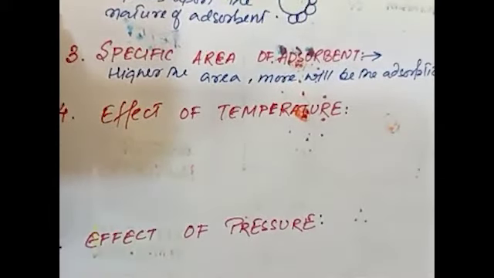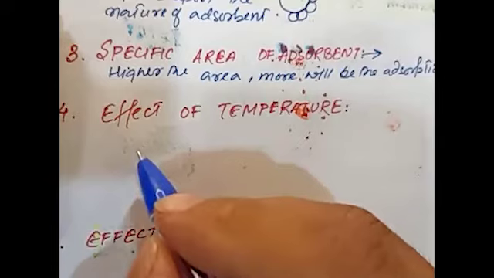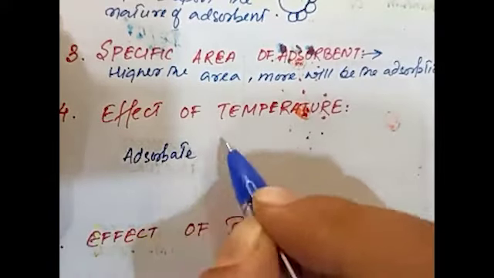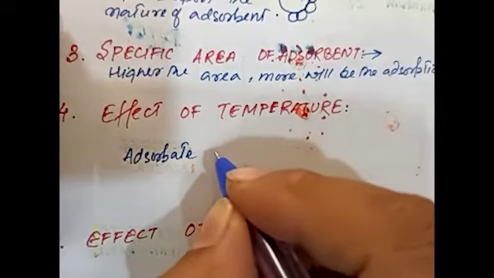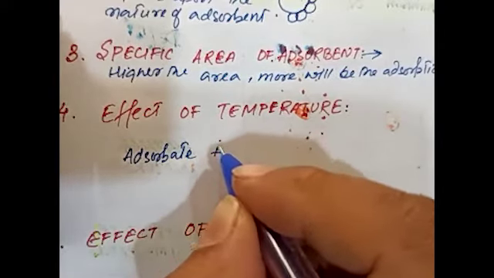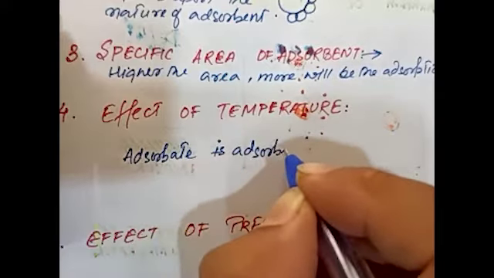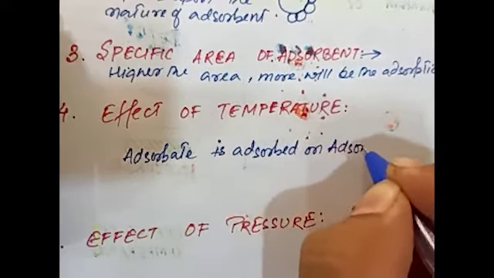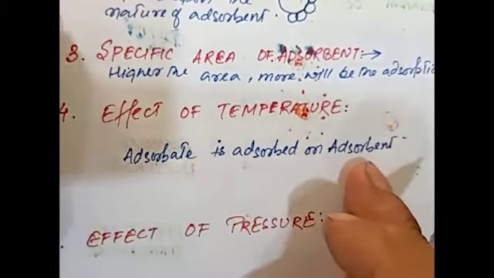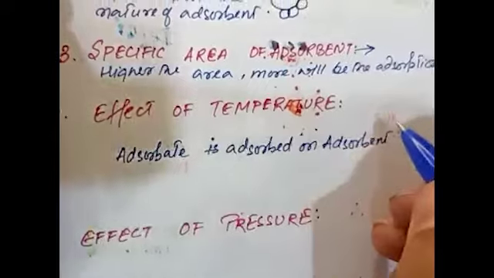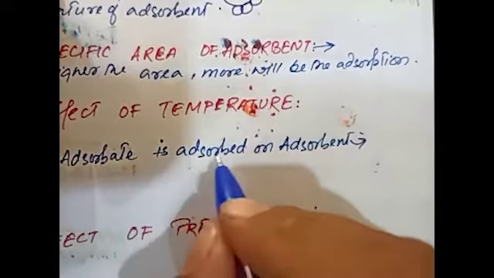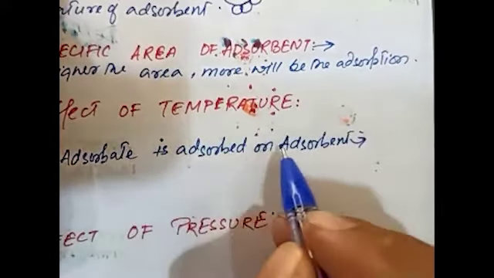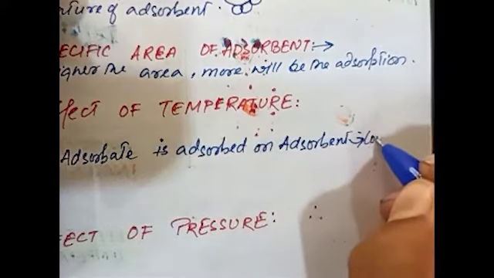Effect of temperature. ठीक है, इफेक्ट ऑफ टेम्परेचर. तो दो प्रोसेस होता है. अगर एड्सॉर्बेट एड्सॉर्बेंट पे चिपक जाता है, if the adsorbate is adsorbed on the adsorbent, this process is known as condensation.